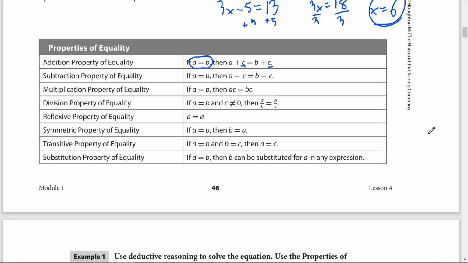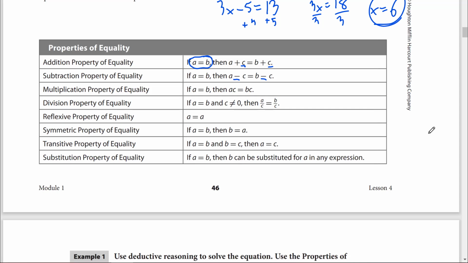If I give you 50 more, you still have the same number of cookies. That's the addition property of equality. The subtraction property of equality just turns that plus into a minus. Same thing: if student A and student B have the same number of cookies and I take 5 away from each of you, you will still have the same number of cookies.